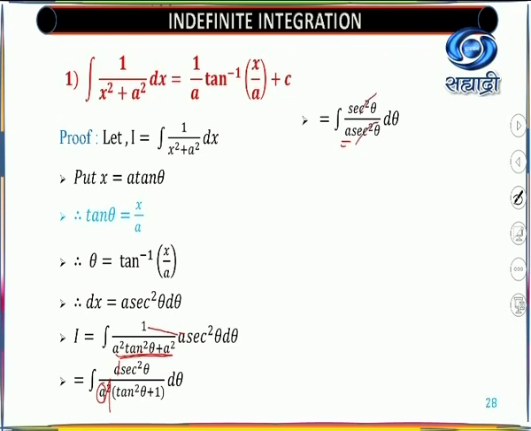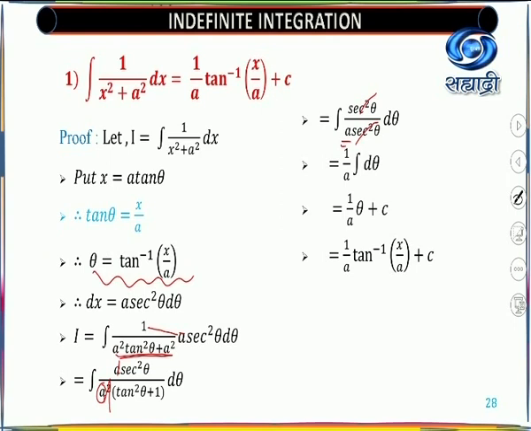Now sec square theta and sec square theta cancel, and you get 1 upon a, a constant term which is outside the integral sign, integral d theta. Integral d theta is theta, so 1 upon a theta plus constant of integration. Theta is replaced by tan inverse x by a. Why do we need to replace it?